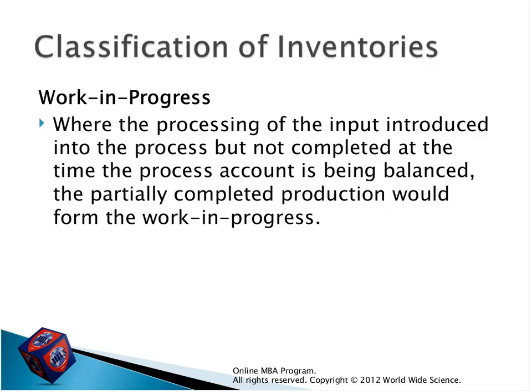We assume that in the future we are going to complete them and proceed to output, which means selling to our customers. This is work in progress, the not finished products.